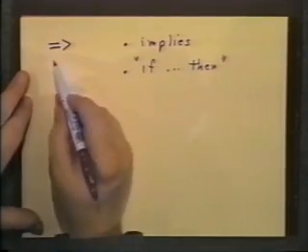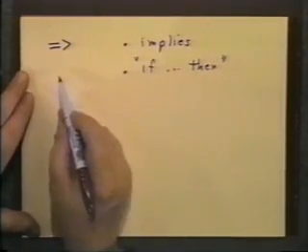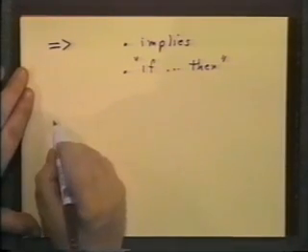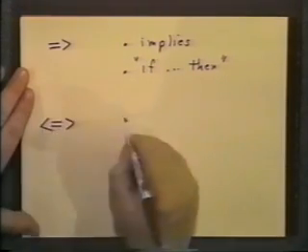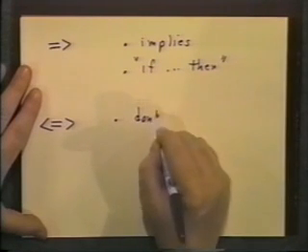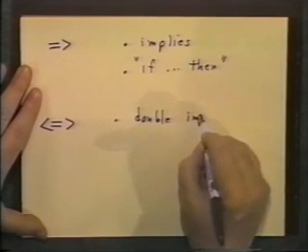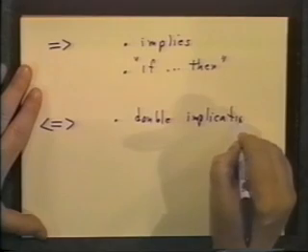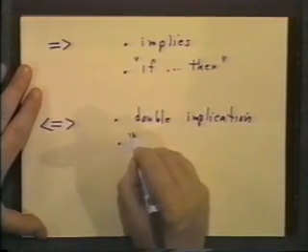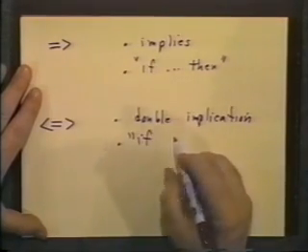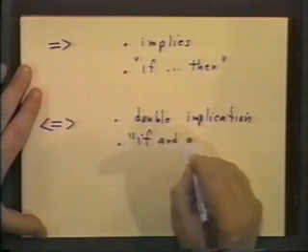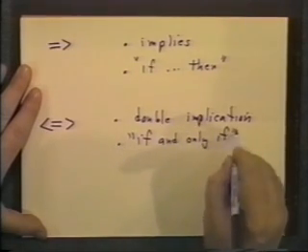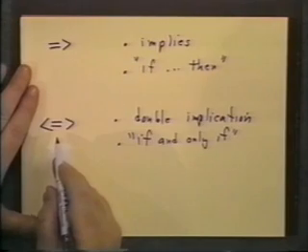If you have an arrow going from left to right and also one from right to left, then you can put them together into a double arrow. This is usually referred to as double implication. It sometimes is stated verbally or written as if and only if. So when you see this, you should translate it to a double arrow.